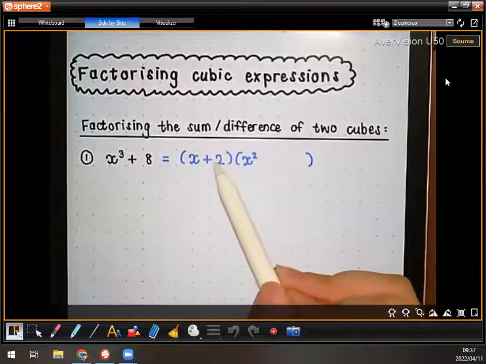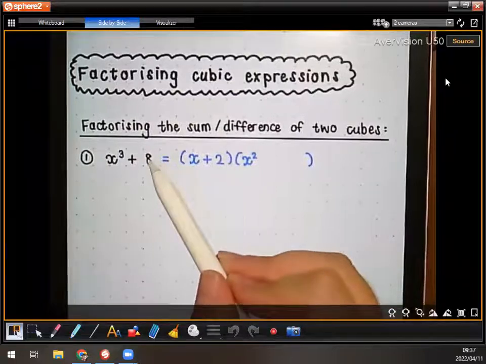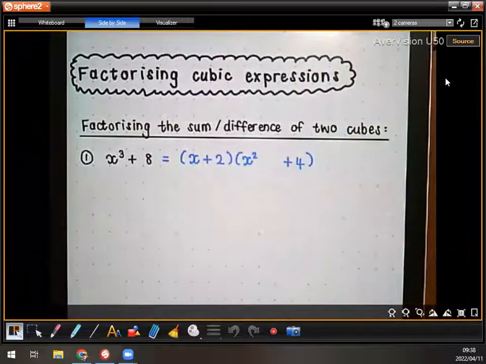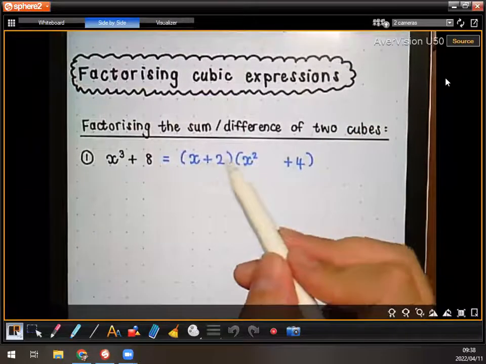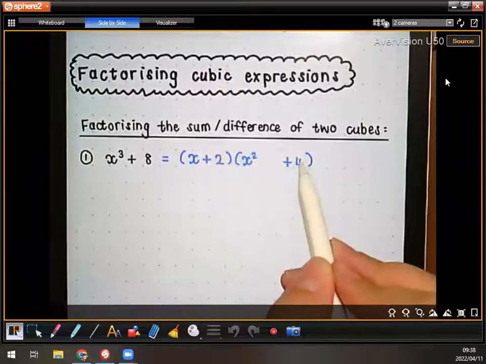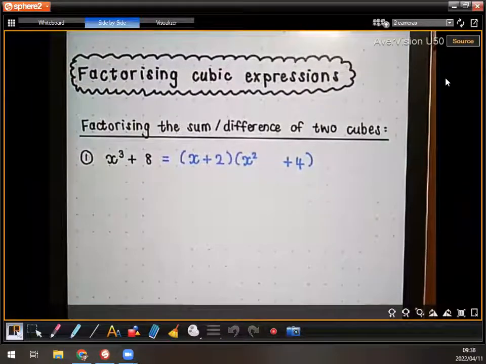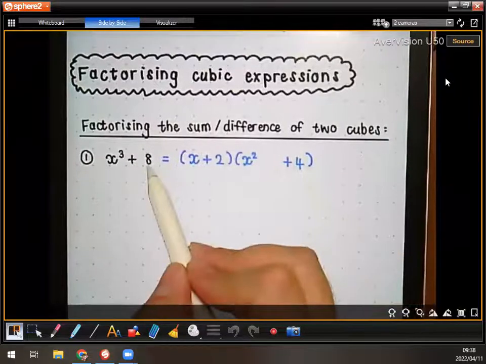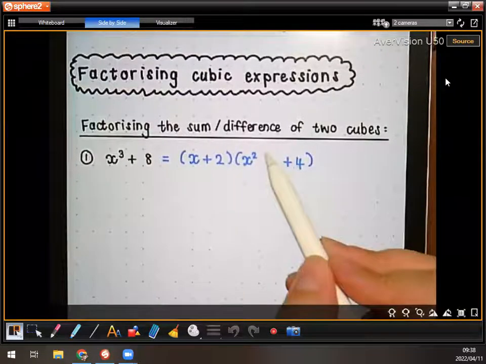Looking at the last term, what must I multiply 2 by to get 8? 4. The shortcut we were taught in grade 10 was that you take the second term in your binomial and square it. But you can also look at it as what must I multiply 2 by to get 8? It's 4.